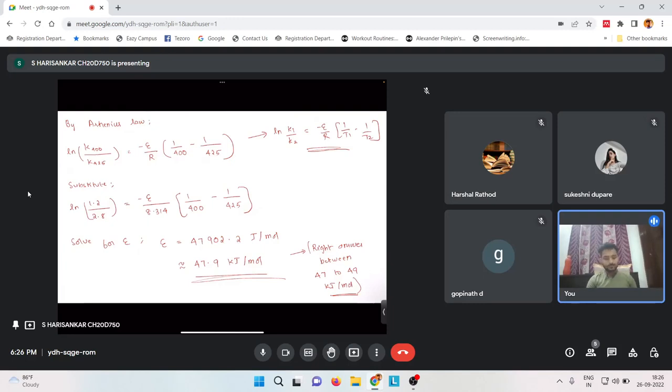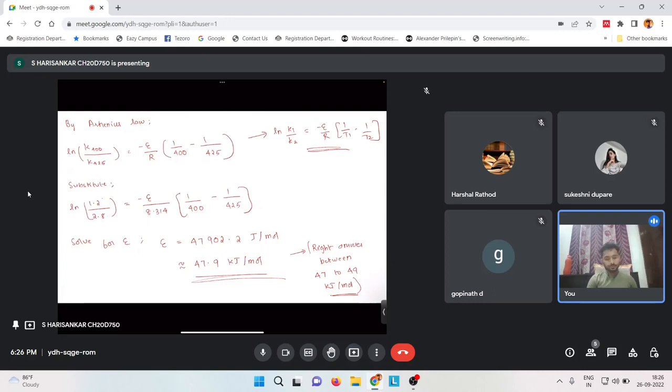Now just substitute all these values here, and we can solve this equation for E. So K 400 is 1.2, K 425 is 2.8, and that is equal to minus E by R, which is 8.314, into 1 by T1, or 1 by 400, minus 1 by T2, which is 1 by 425.